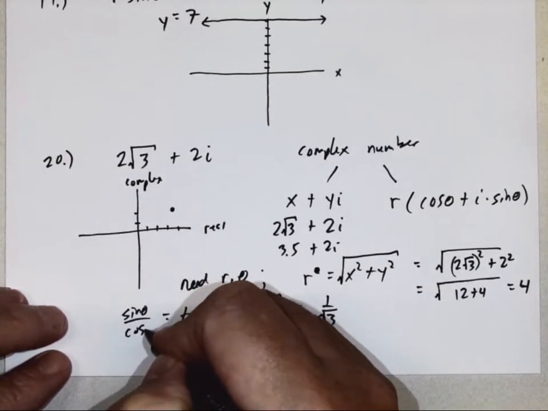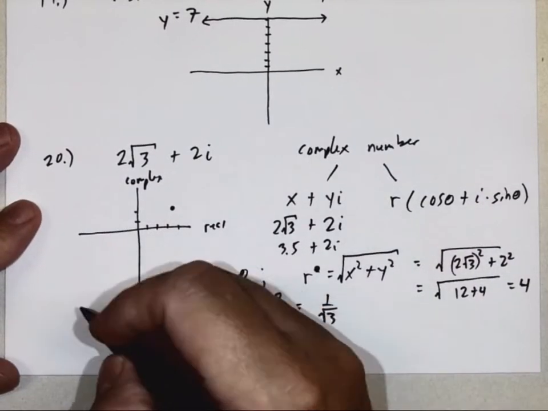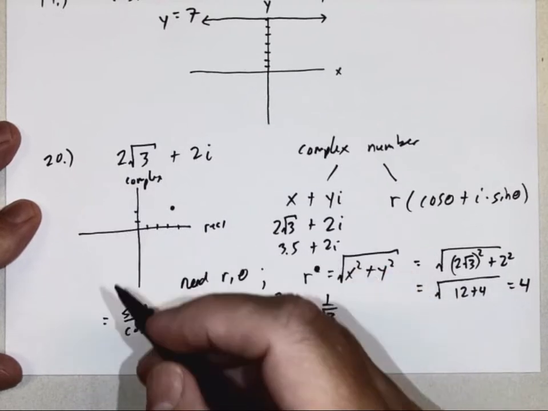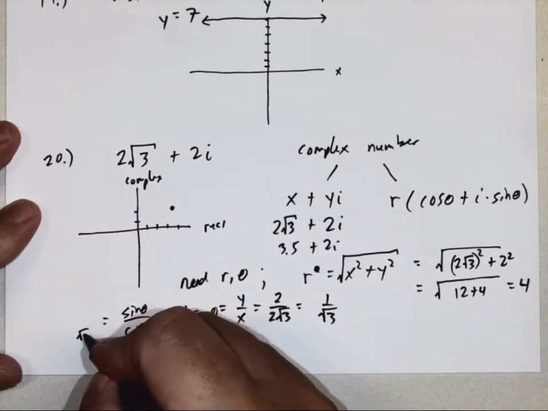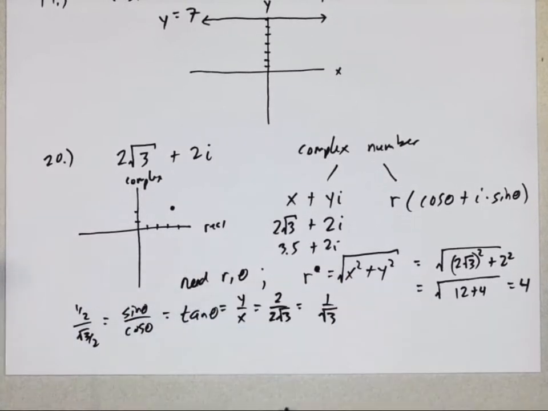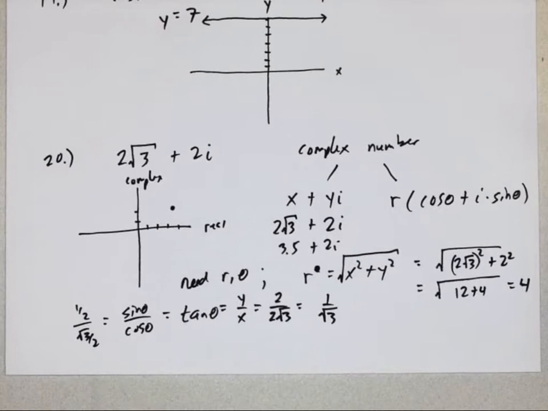A lot of times it's easiest to remember a tangent as sine over cosine. Now we hopefully have done unit circle long enough that you realize that there's this point where the cosine is square root of 3 over 2 and the sine's 1/2, because 1/2 divided by square root of 3 over 2 is 1 over square root of 3. What angle has a sine of 1/2 and a cosine of square root of 3 over 2?